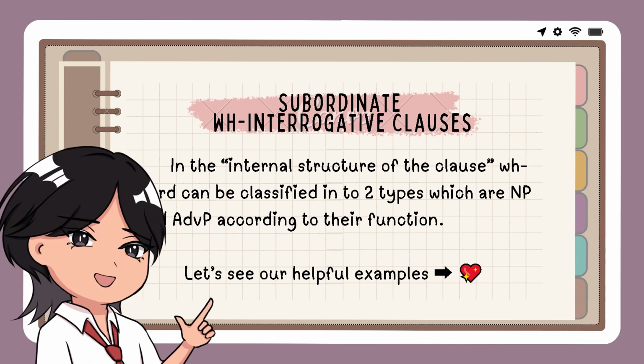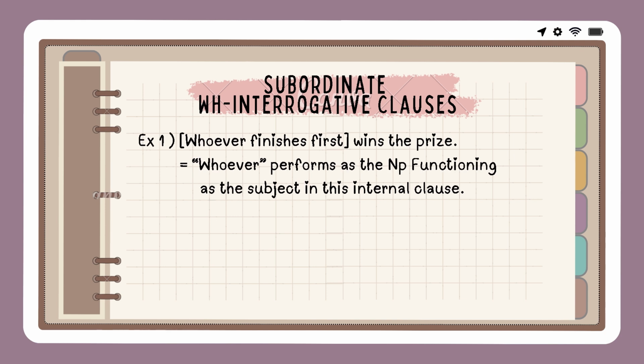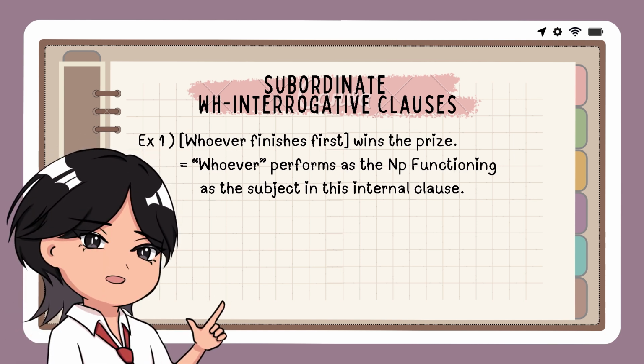Let's see our helpful examples. First example: whoever finishes first wins the prize. Whoever performs as a noun phrase, functioning as a subject in this internal clause.